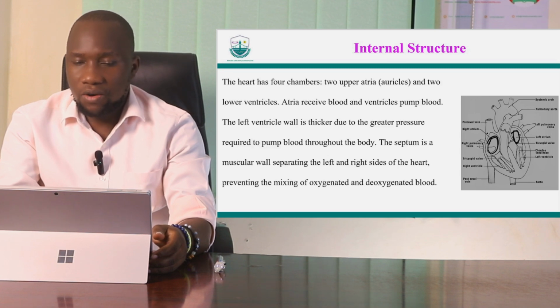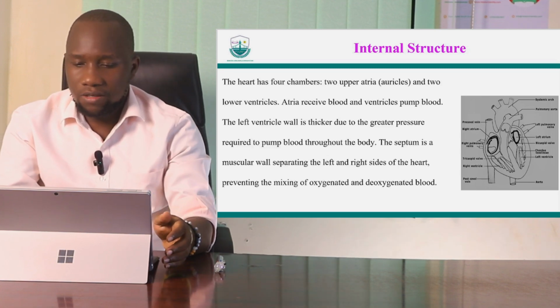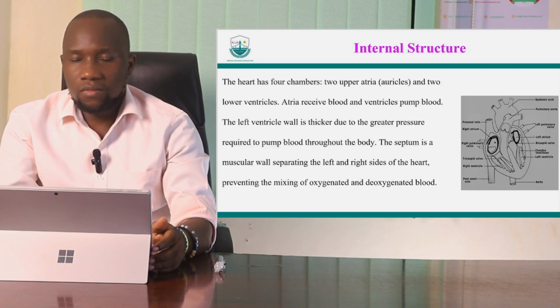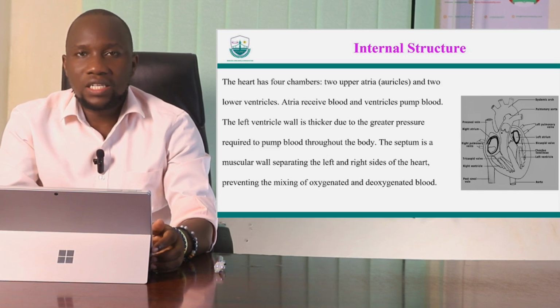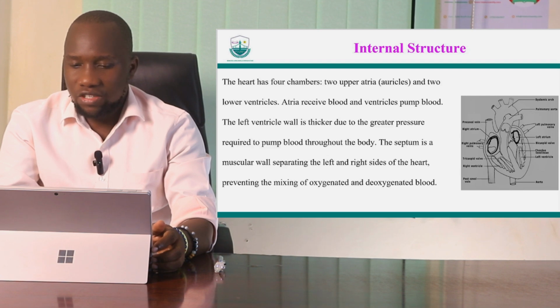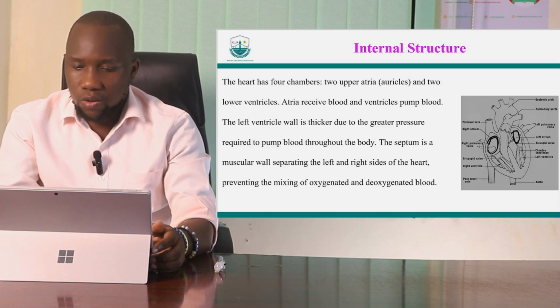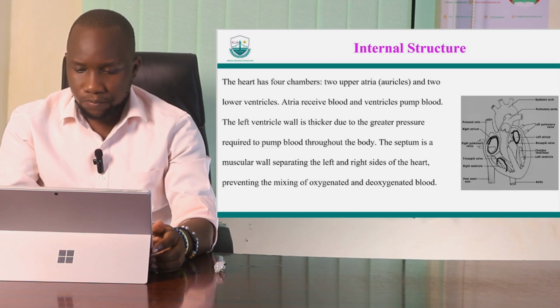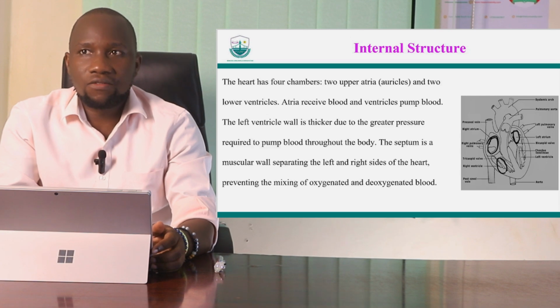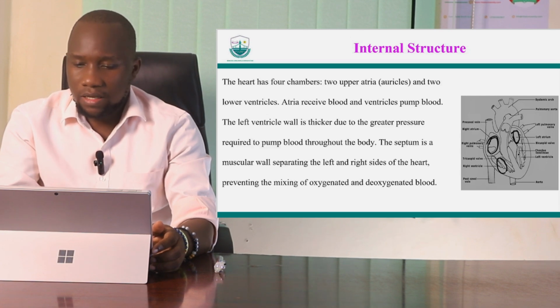So we have the right auricle or the right atrium on this side of the diagram, and then the left atrium. Those are the two upper chambers, and then on the lower end we have the right ventricle and then the left ventricle.